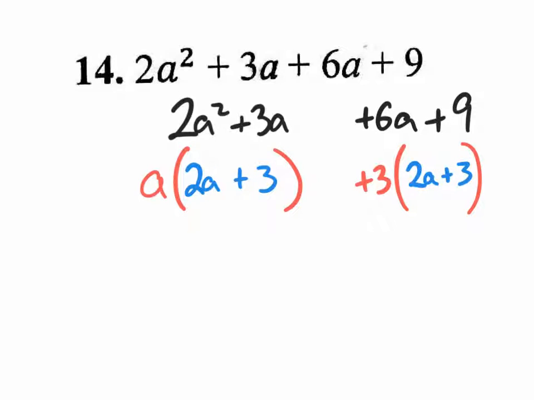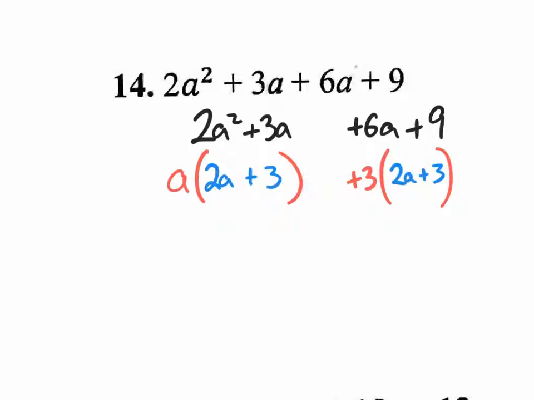So I'm going to pull out, this is step 3, the most complicated one, where you take a step back and you pull out that common binomial in both groups out here to the front. So you take the 2a plus 3 and 2a plus 3 and you put it out here in the front. I'm going to use exaggerated parentheses, and I'm going to do the 2a plus 3 out there in the front.